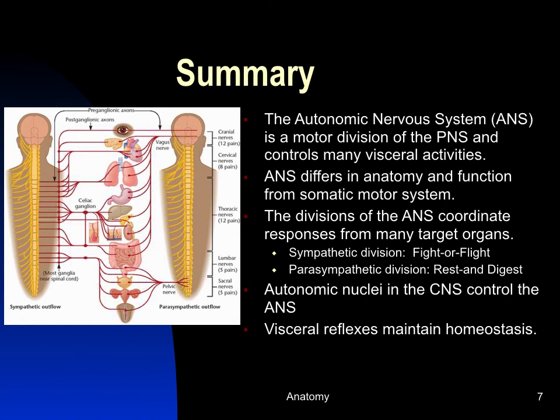The parasympathetic division is the rest and digest. Autonomic nuclei in the central nervous system control most autonomic effects, and these visceral reflexes can maintain homeostasis. Okay, so next time we'll introduce the two divisions more thoroughly, talk about what goes on in sympathetic and parasympathetic systems.